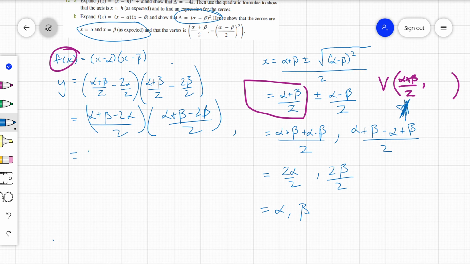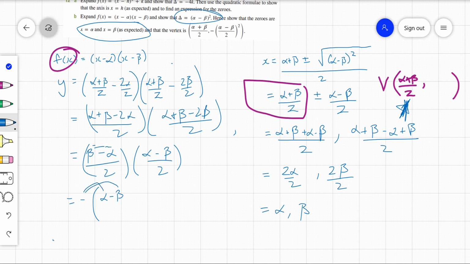So we've got beta take away alpha on 2 in the first one. The second bracket, we've got alpha minus beta on 2. Now, so similar, but a little bit different. What I'm going to do with the first bracket is factorize by a negative. That means I can put alpha minus beta, right? Because it's still negative alpha, positive beta, which is what I've got here.